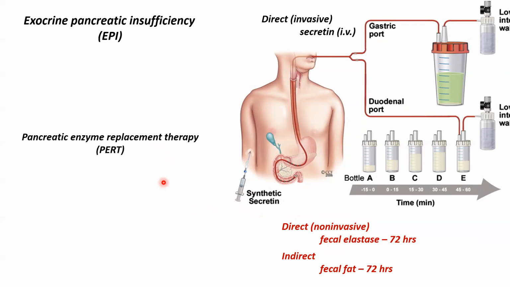Lipase is going to be destroyed, so they don't usually measure that. Same thing with trypsin. But elastase right now seems to be the choice, and they have enzyme-linked immunosorbent kits, little kits.